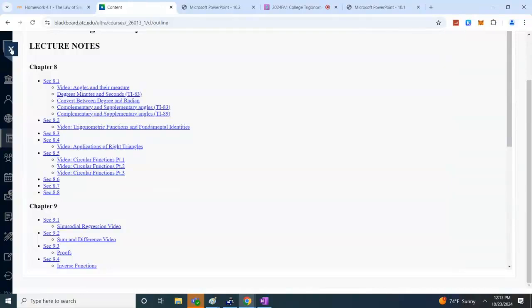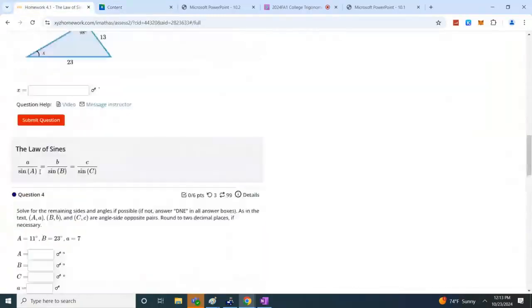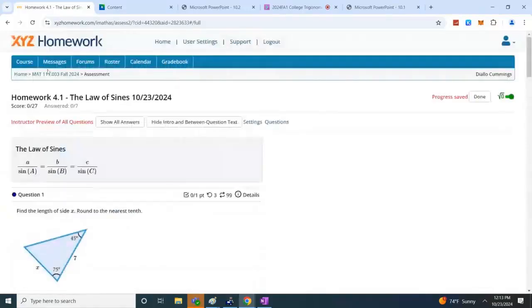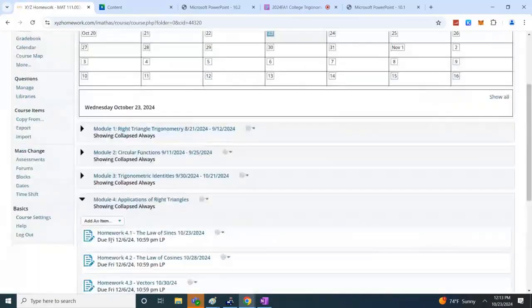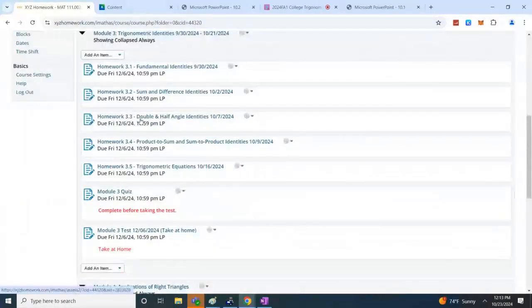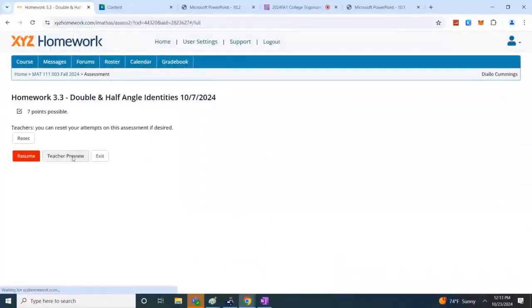Okay, that's fine. 3.3. It's just the half angle identities. Let's see. Go back here. Okay, double angle.